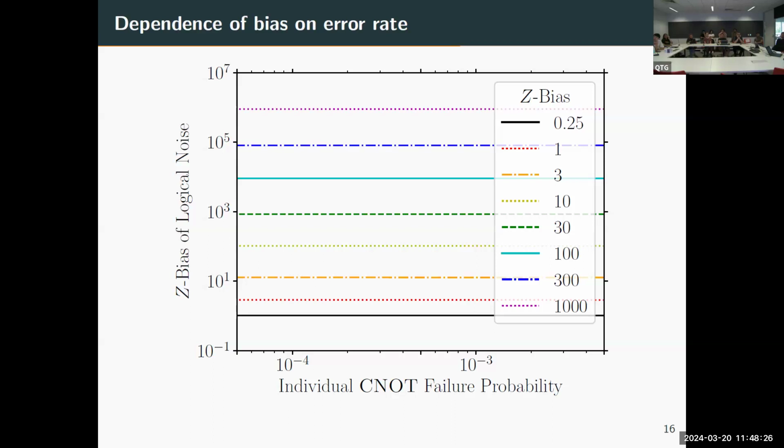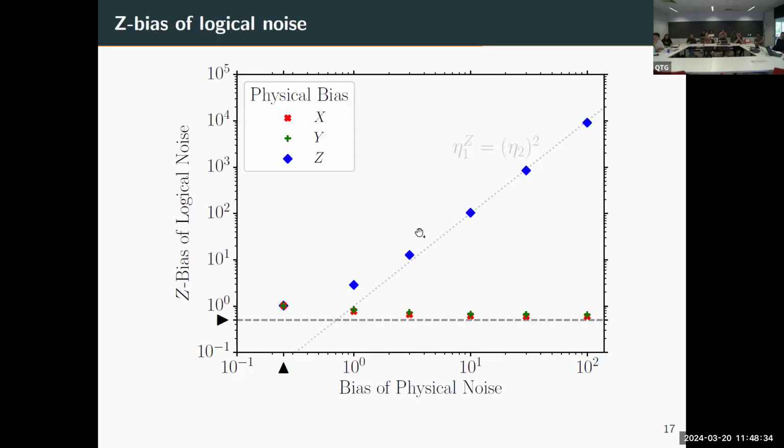So let's focus on this physical bias to logical bias. As we can see, there's some kind of relationship here. Let's plot them against each other. On the x-axis, we have various kinds of physical bias, and on the y-axis, we're looking at the logical Z bias.